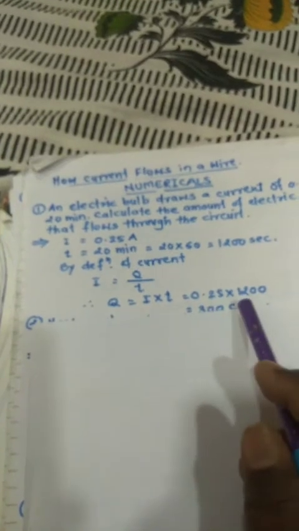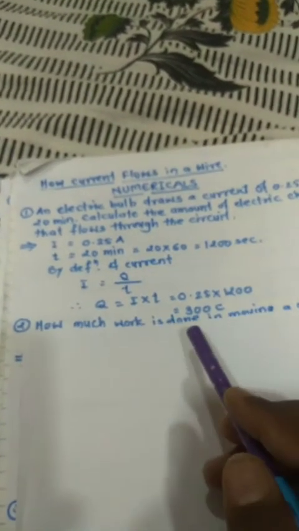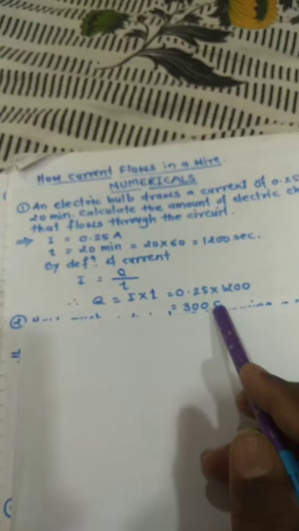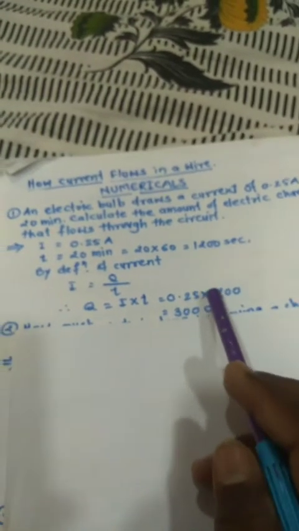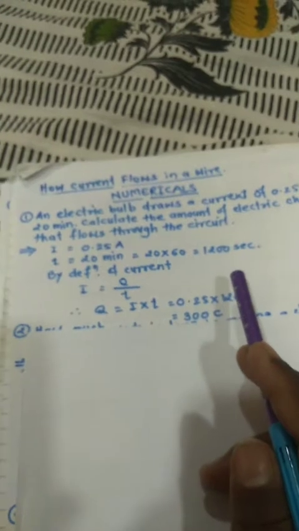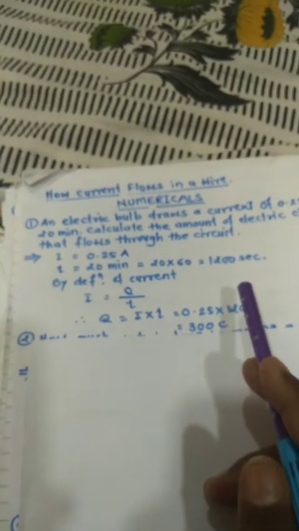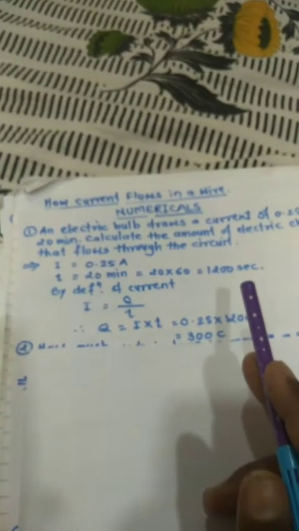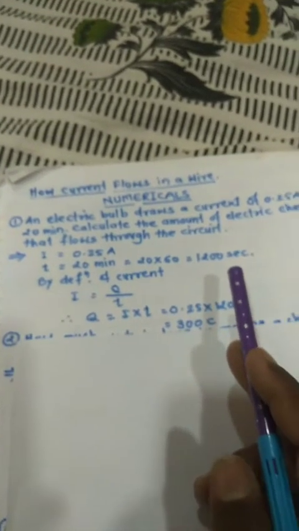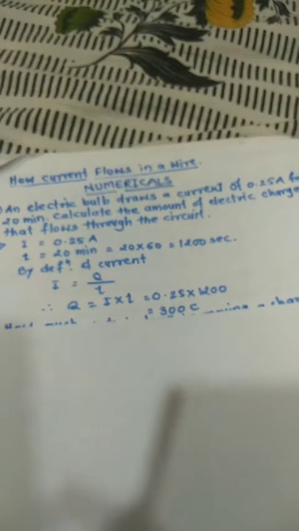If we multiply, how much will we get? 300 coulomb. So 300 coulomb of charge is flowing through the circuit. Understood, student, how to use it?